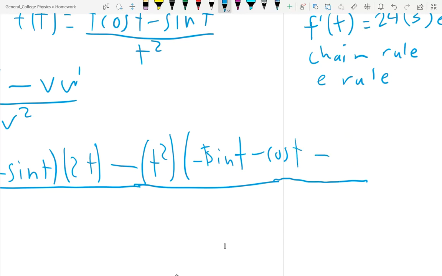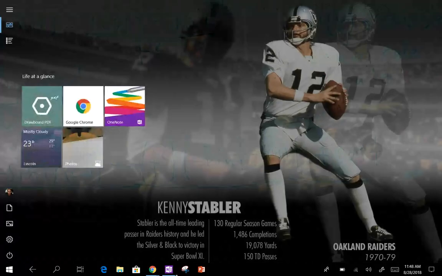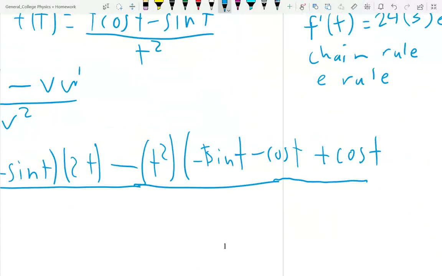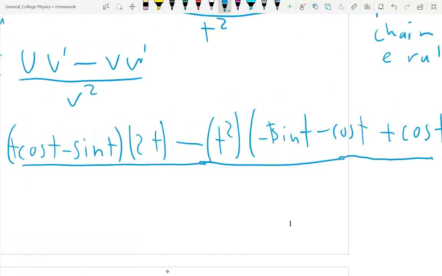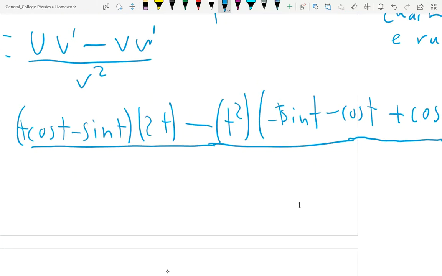Cosine t plus, what did I have written earlier? Cosine t. All right. And that will be over v squared, which is t squared. Your brain's going faster than your hand.